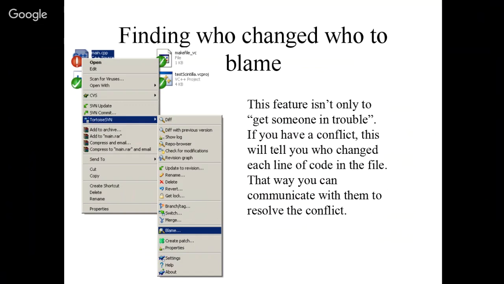So if you want to know who changed the code, then right click on that file, go to SVN and click on blame. This will show you who changed this code, who committed the code. So communicate with them and resolve your conflicts.